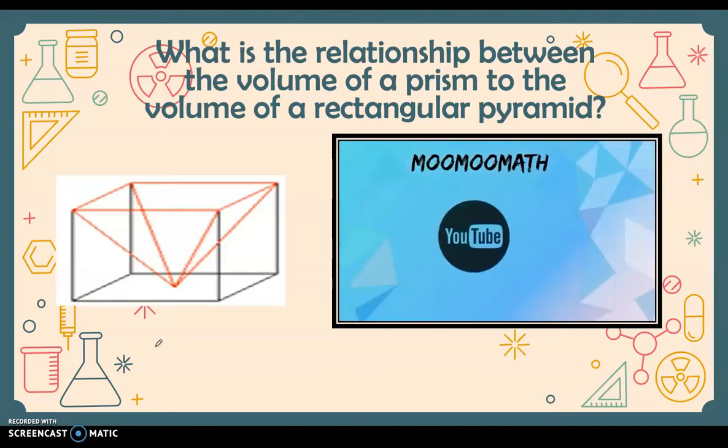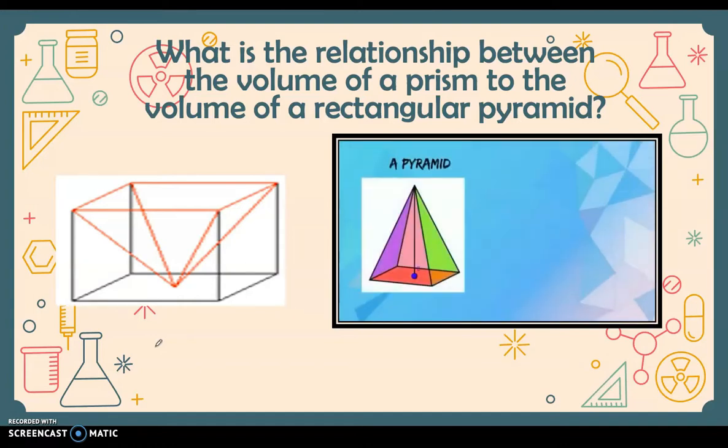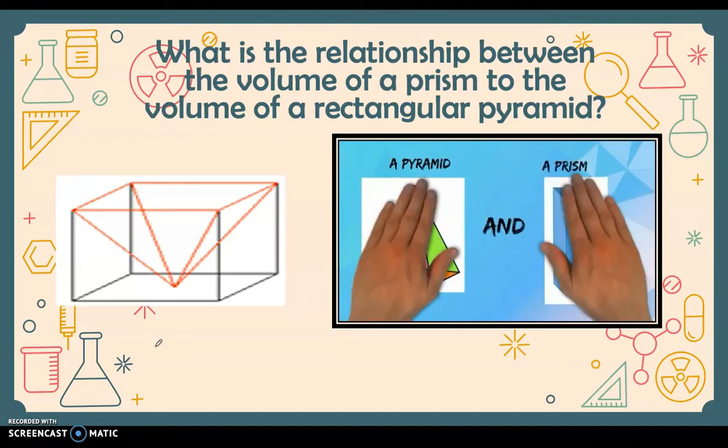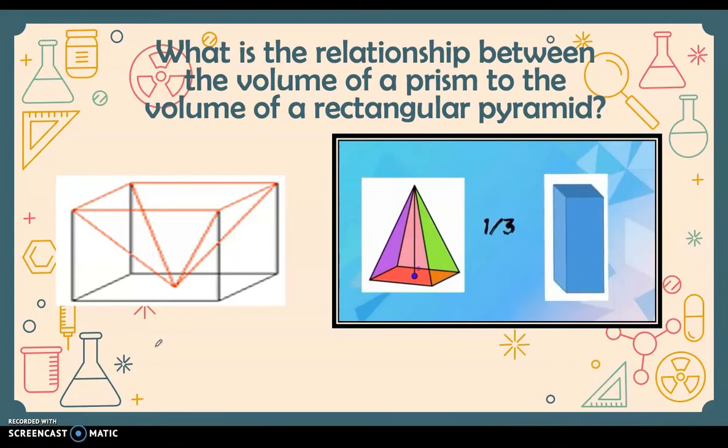Hello, welcome to Moving Math, where we upload a new math video every day. In this demonstration, I'd like to look at the volume of a pyramid and the volume of a prism. The volume of a pyramid is exactly 1/3 of the volume of a prism, with a similar shaped base and the same dimensions.